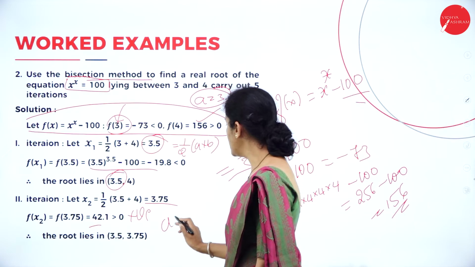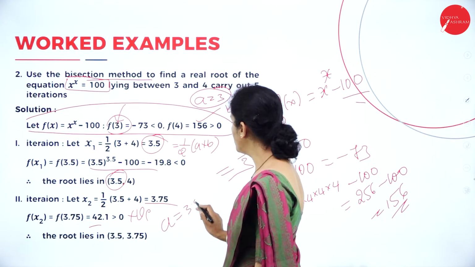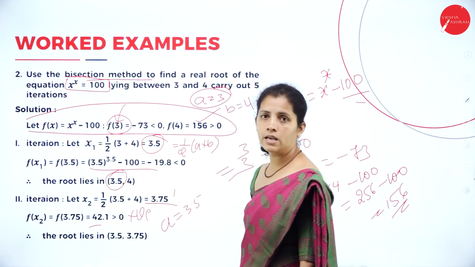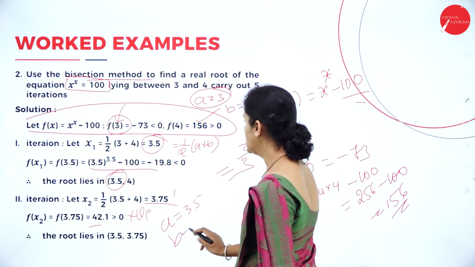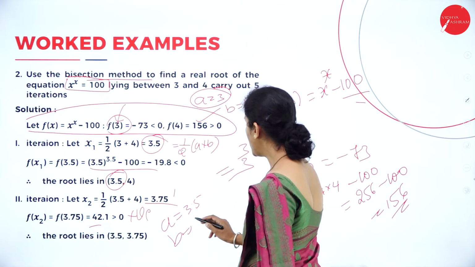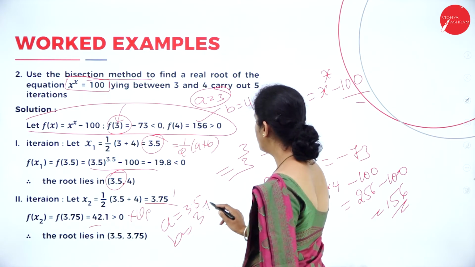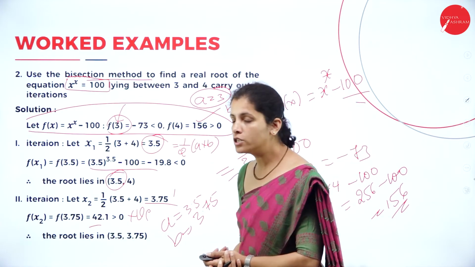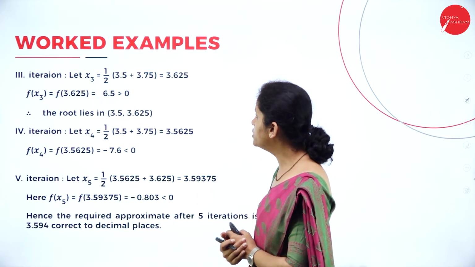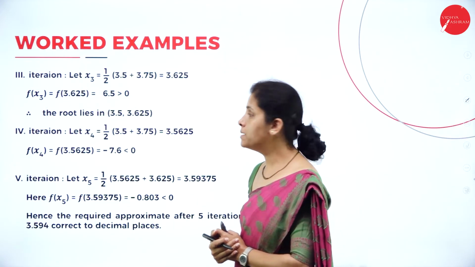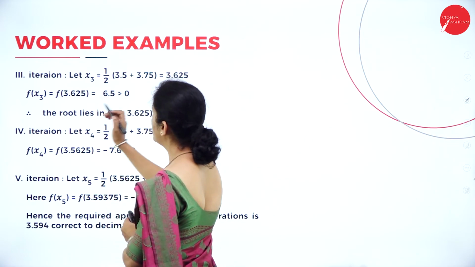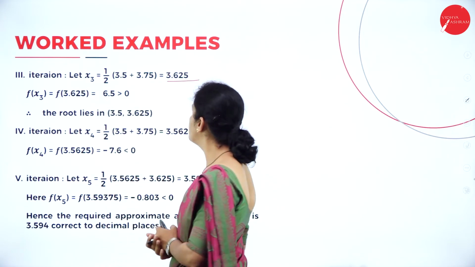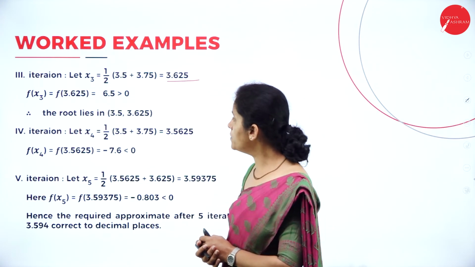So what is A here? That is 3.5, if I consider the previous iteration. And what about B? B is nothing but the x2 value, that is 3.75. So dear student, now I'm going to substitute this A and B value in my bisection equation, and I'm going to get 3.625.